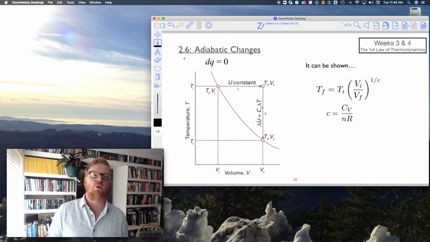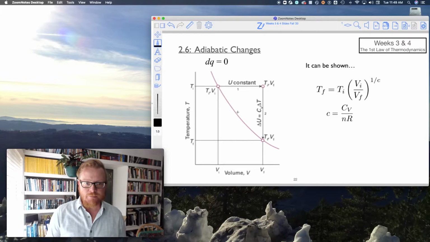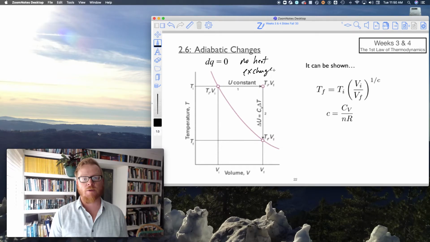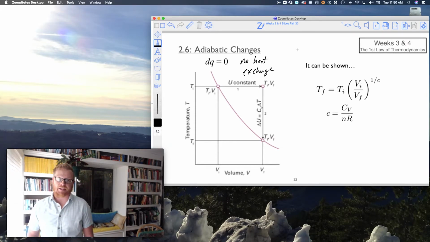In the case of constant pressure, there is work being done in addition, and dH ends up equaling heat at constant pressure. So now let's discuss adiabatic changes. For adiabatic changes, we know dq equals 0, so there's no heat exchange between system and surroundings when something is adiabatic. All right?